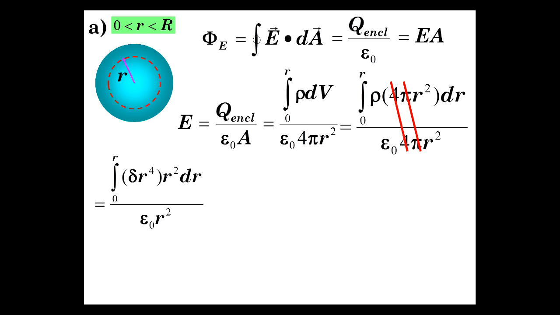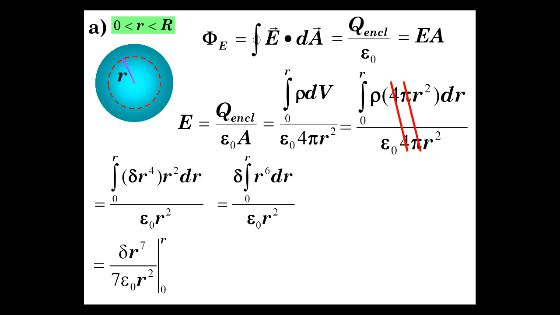So the integral of rho is delta r to the fourth times r squared dr over epsilon 0 r squared. And carrying that, simplifying, bringing together, we have r to the sixth in the integrand over epsilon 0 r squared. Integral of r to the sixth becomes r to the seventh over 7. So there's the 7.